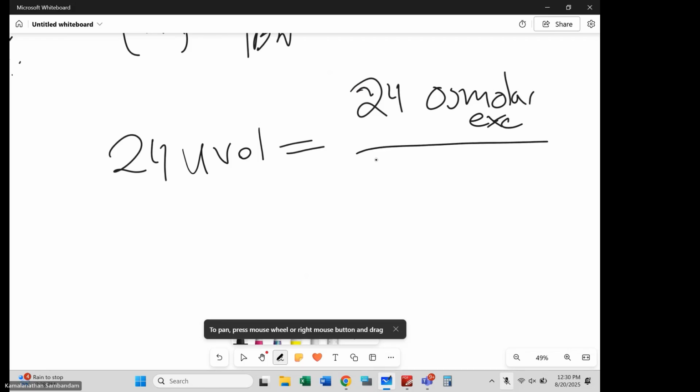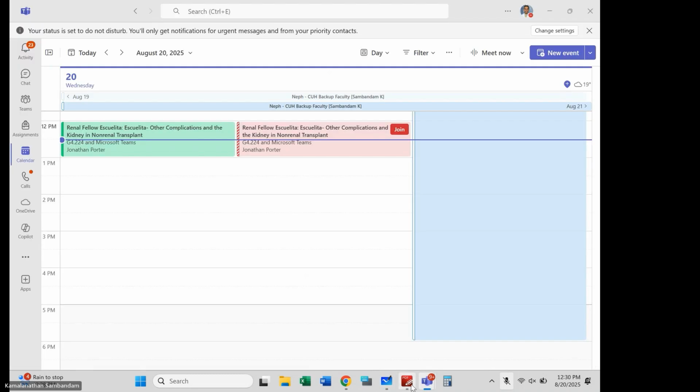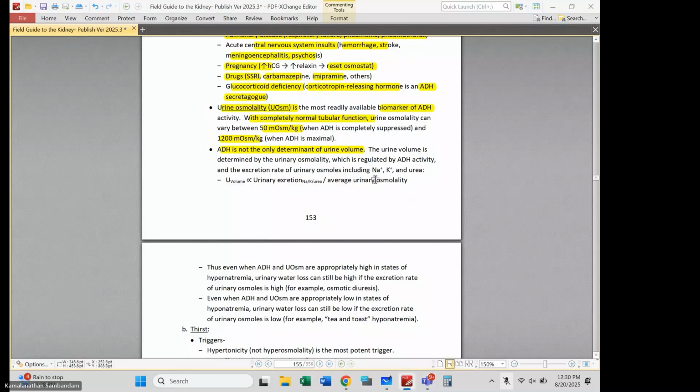That's in the numerator. And my average, let's say, 24-hour urine osmolality, which is in units of milliosmoles per kilogram, but we'll use osmolarity to simplify that to milliosmoles per liter. That is the determinant of urine volume, okay?